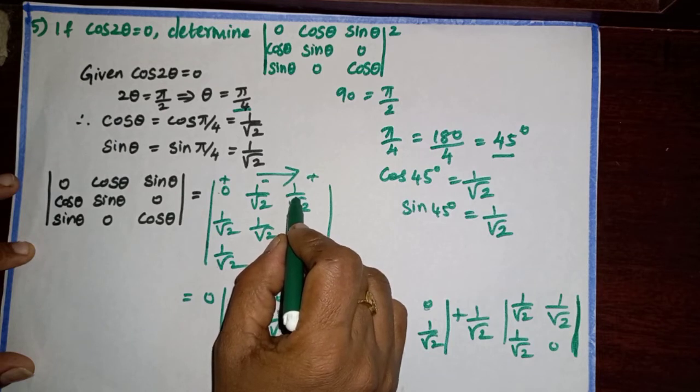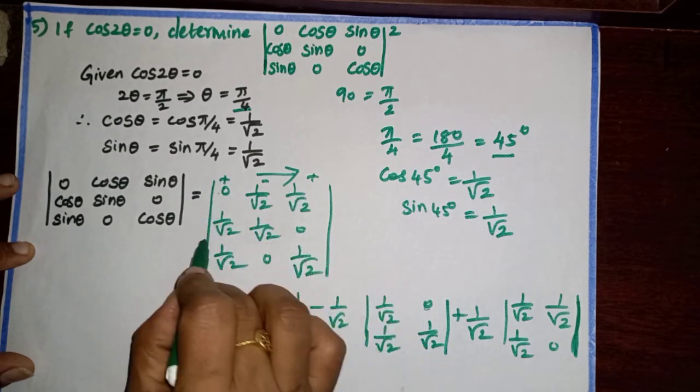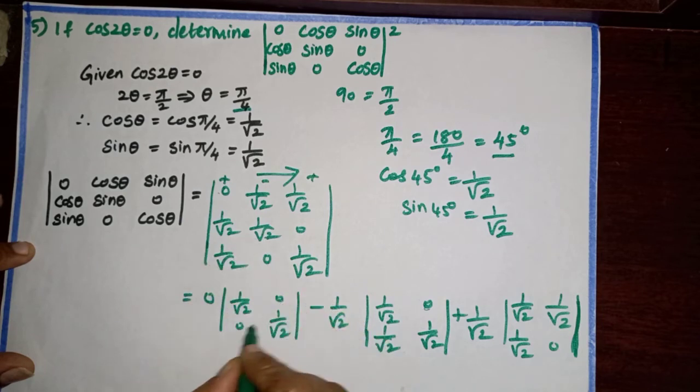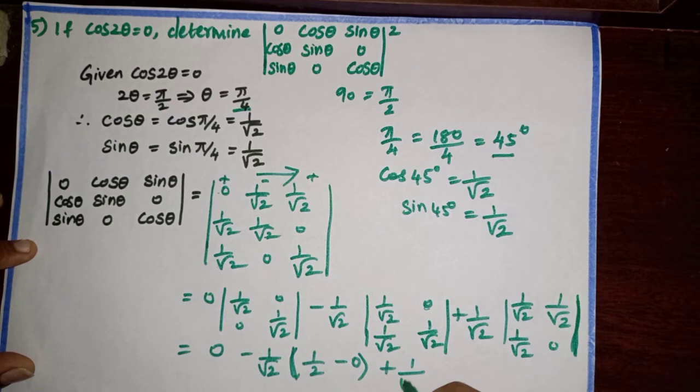Plus 1 by root 2, it is in 1, 3, so delete the first row and third column, then we have [1 by root 2, 1 by root 2; 1 by root 2, 0]. 0 into this determinant is 0. Minus 1 by root 2 into (1 by root 2 into 1 by root 2 is 1 by 2, 0 into 1 by root 2 is minus 0). Plus 1 by root 2.